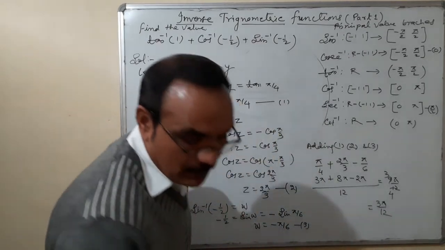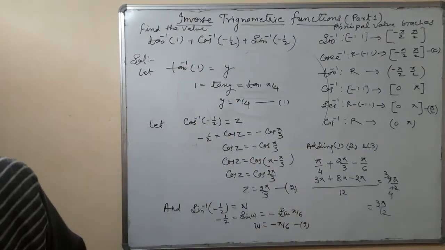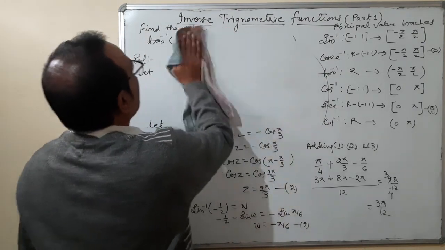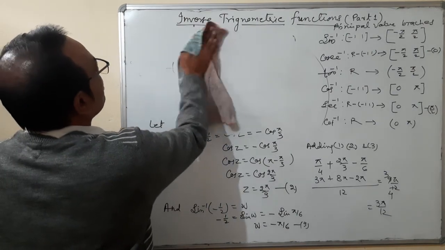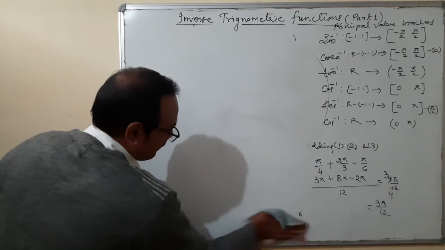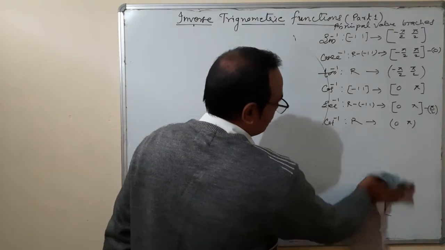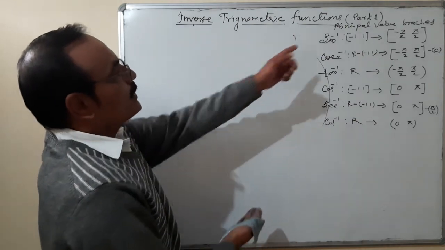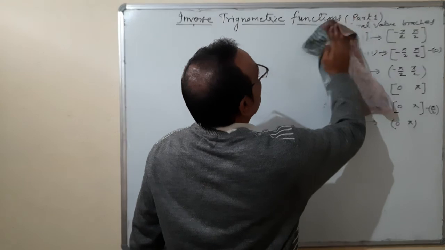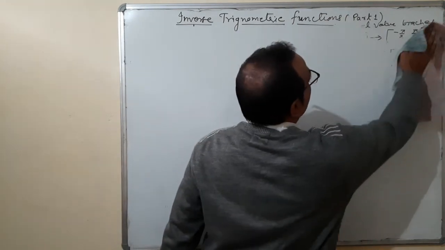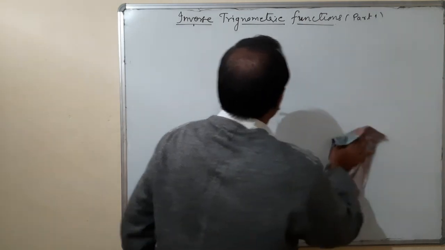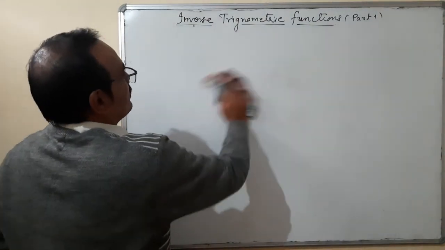Now we are discussing some properties. So these principal value branches, you should note them down. Important points, because whenever we are going to find the principal values, always the principal value branch table is useful.